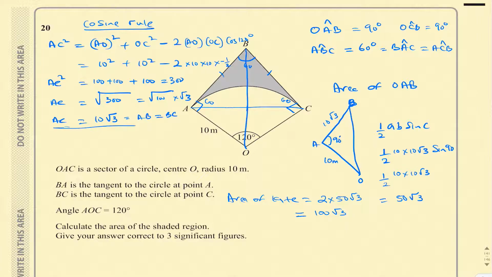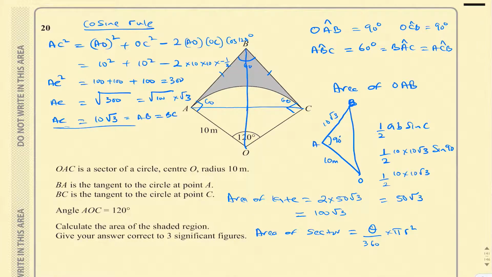I also need to find the area of the sector in order to find the shaded area. So the area of the sector is the angle of the sector divided by 360 degrees times pi r squared.